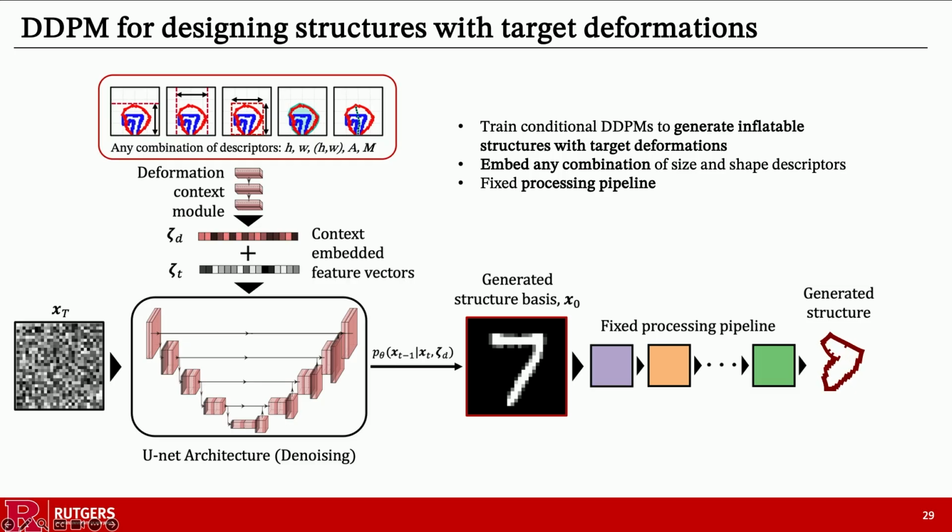And these are going to be the basis for our DDPM input. Okay. We can input any combination of these descriptors, start from random noise, generate a grayscale image, but then we have a fixed processing pipeline that is implicitly learned by the DDPM. The DDPM never sees it, but it knows how to connect this image to the generated, developed structure.